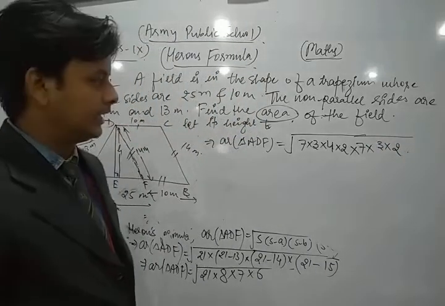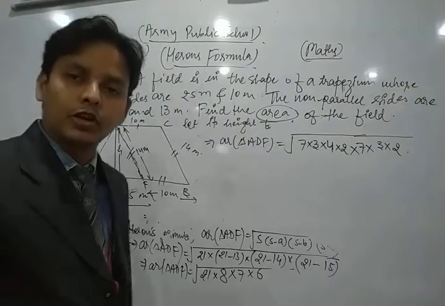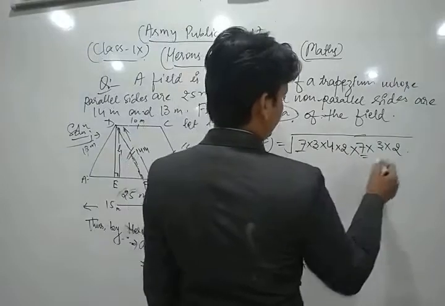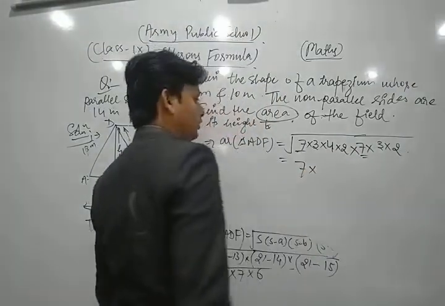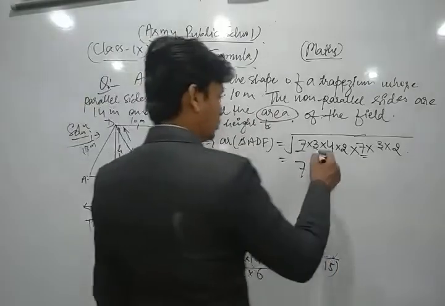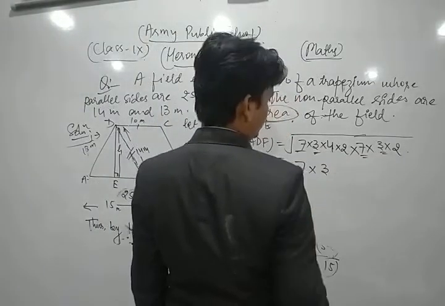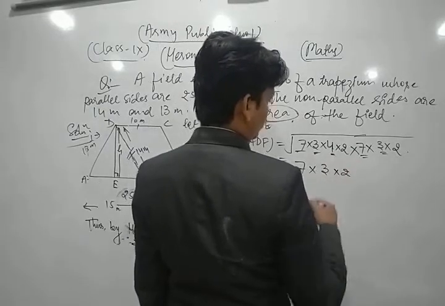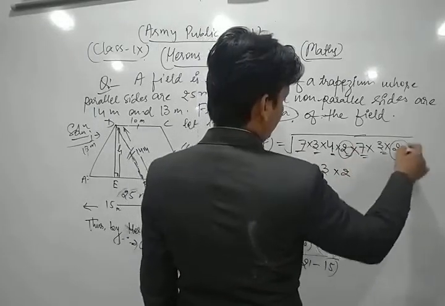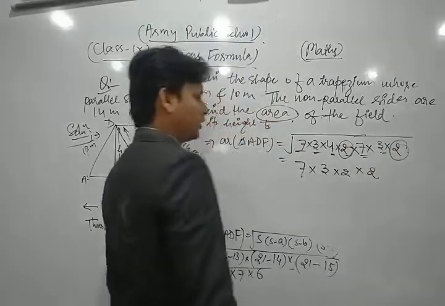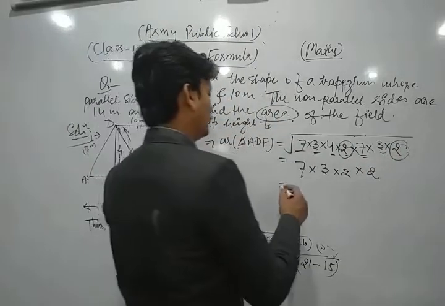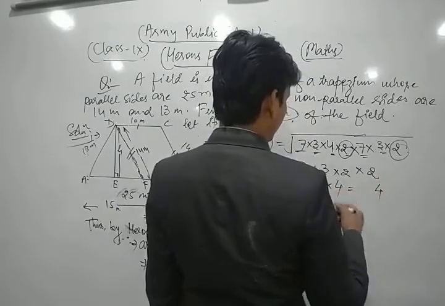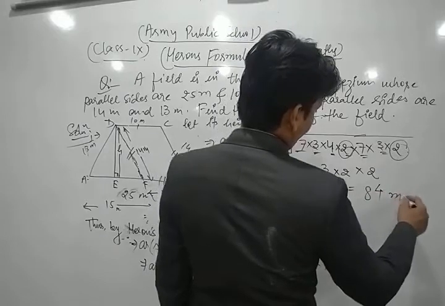Now any number that is in a pair under the square root, one of the number comes out of the square root. So 7 is in pair, so 7 comes out. 3 is also in pair, so 3 comes out. The square root of 4 is 2, and 2 is also in pair, so 2 also comes out. So 7 threes are 21, into 2s are 42, 42 twos are 84. This is 84 meter square.